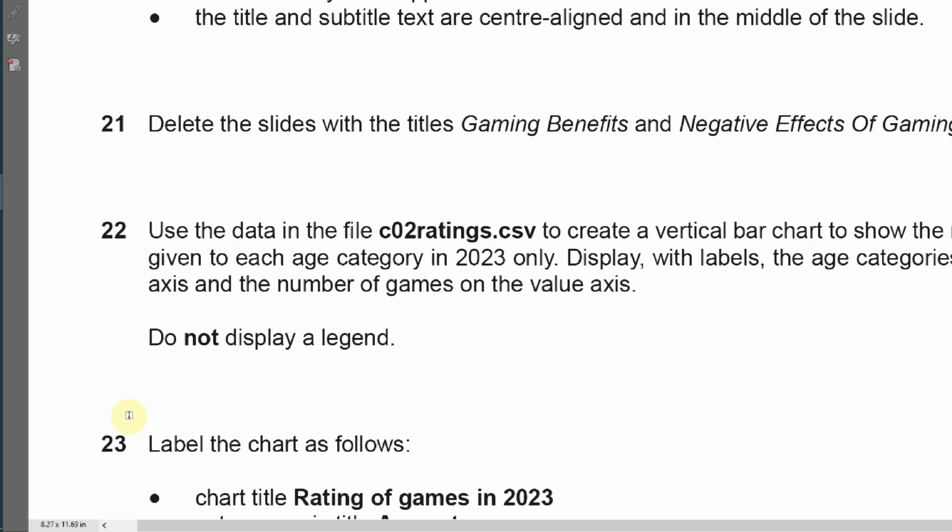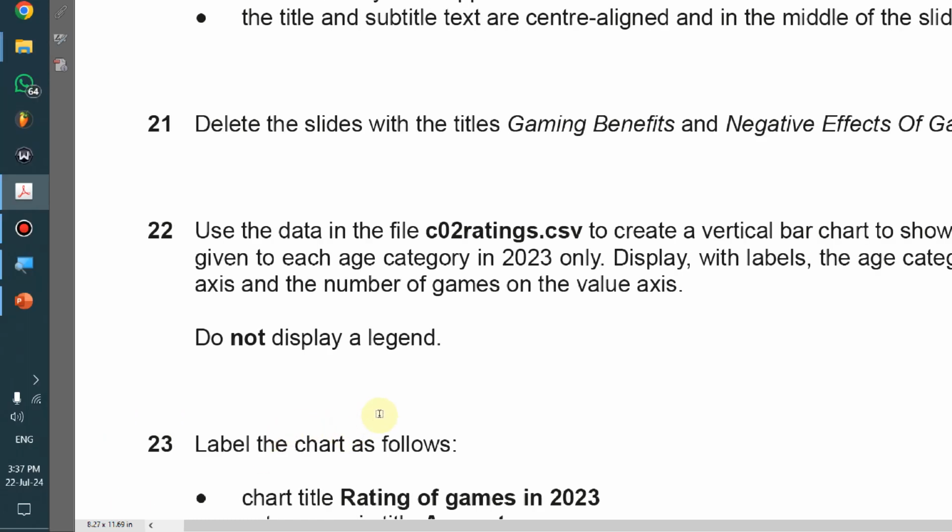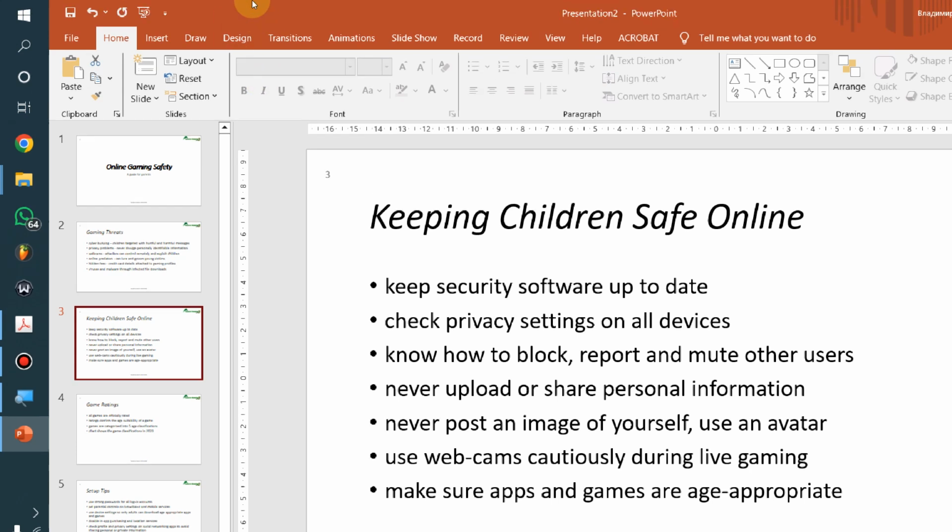Next one, 22, use the data in the file rating. So this one is about creating the chart with some data. They're usually either vertical bar chart or pie chart most of the time. So let's see how to do this one. So let's actually save this presentation and do the chart and then go back to this presentation just in case, so we don't lose the progress.